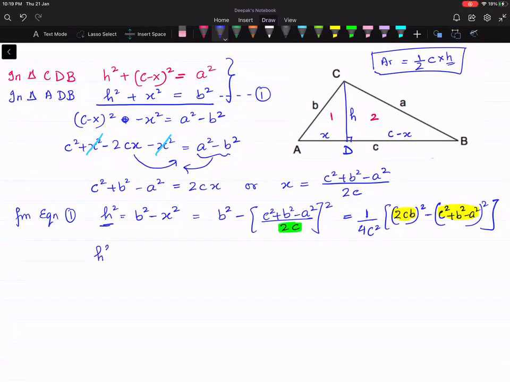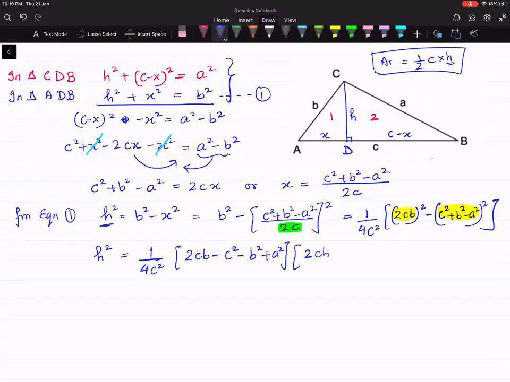So h square is 1 upon 4c square, and this, if you open it up, a square minus b square is a minus b, that is 2cb minus c square minus b square plus a square, that is a minus b and a plus b.